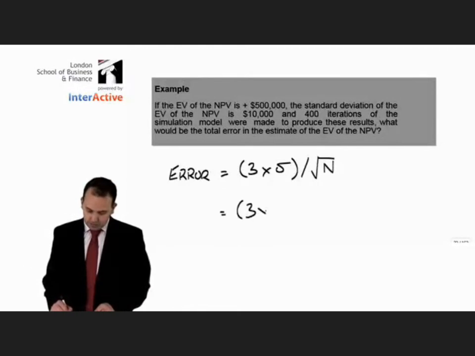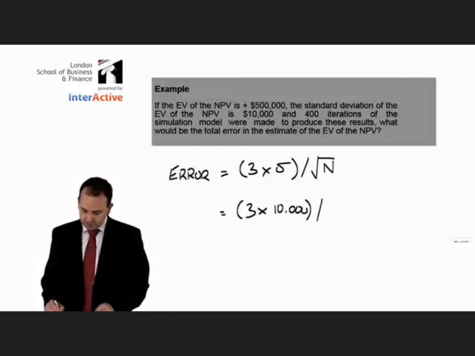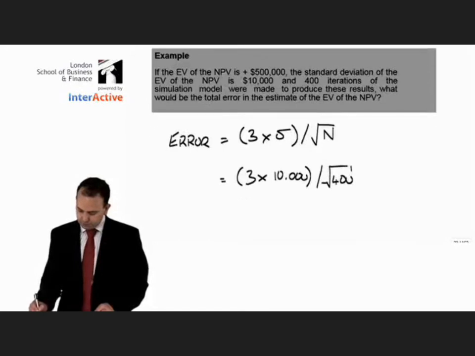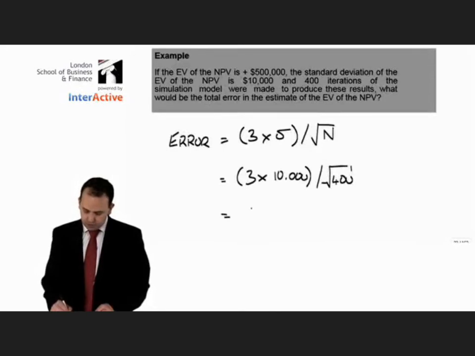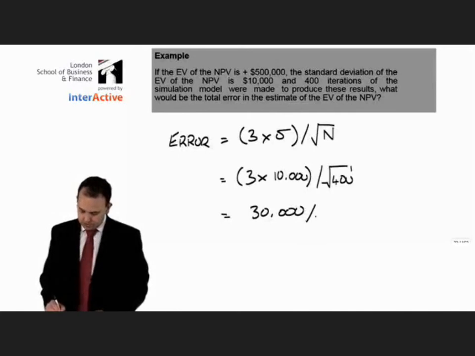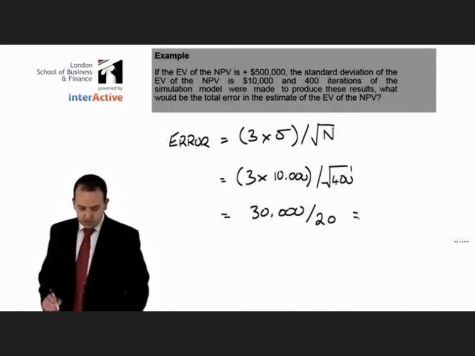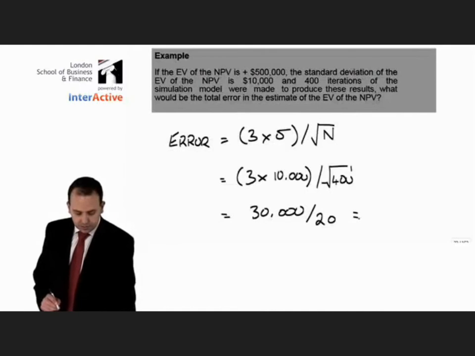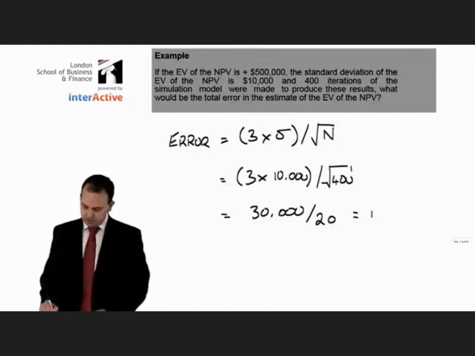So 3 multiplied by our standard deviation of 10,000 divided by the square root of 400. So 3 times 10,000 is 30,000. The square root of 400 is 20, and if we divide 30,000 by 20, we have 1,500.